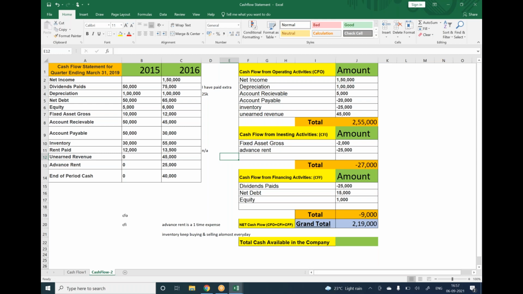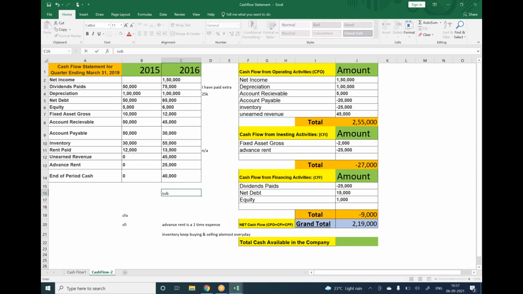Anyone missed out any questions? Or did I miss out anybody's? Please. Yes, sir. Why is unearned revenue in CFO? Yes. See again, why we keep it under CFO is that unearned revenue is repetitive.